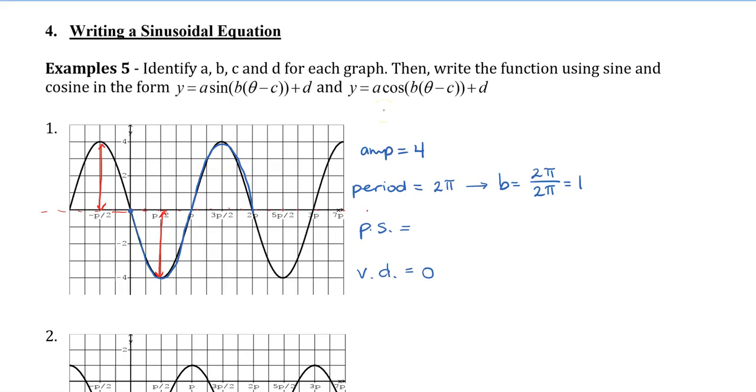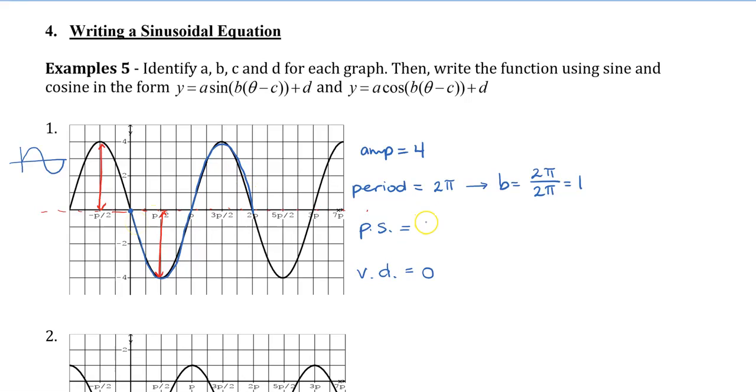So let's think of it as a sine graph first. If we look at it as a sine, remember the sine graph, I'm going to draw it over here very small. It looks something like this. And we actually have something that looks like that if it's shifted over by pi. However, when we're writing equations, we want to usually have the minimum phase shift. So if I flip this basic function upside down, I actually don't have any phase shift at all.